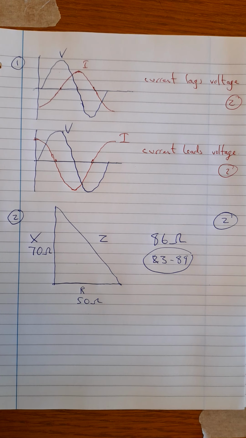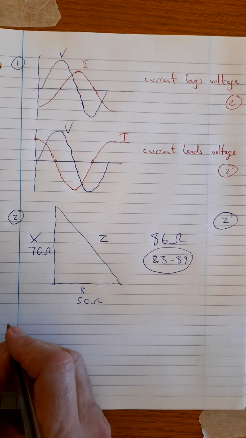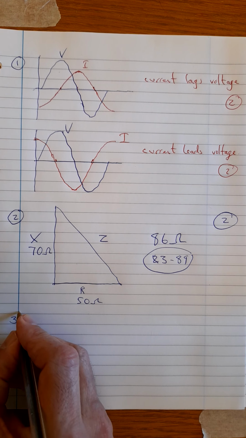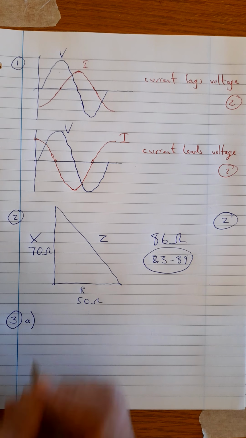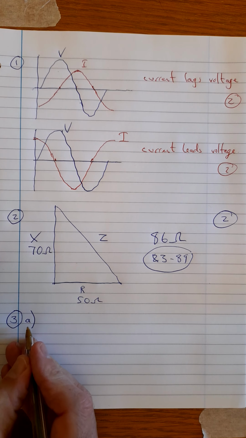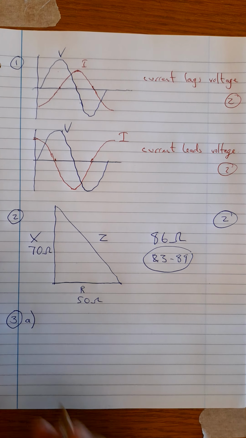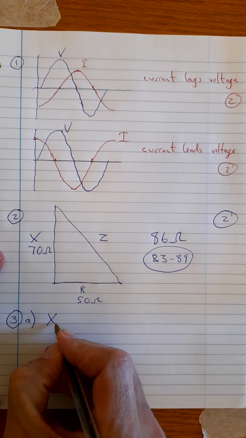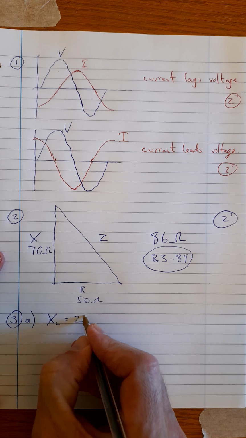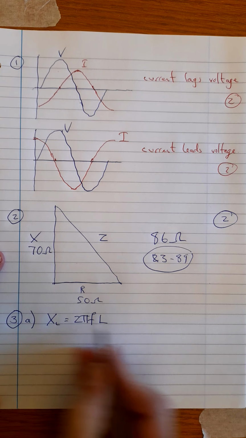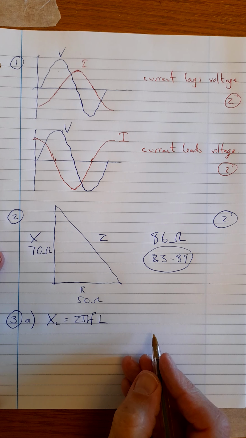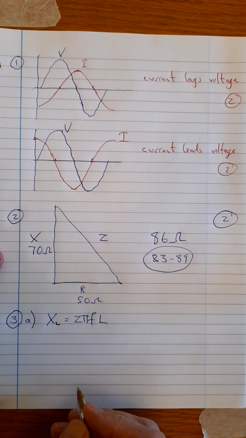Okay, so hope that bit's clear. The next question was in many parts. Tell me the part that you're answering. Part A. So question 3, part A. First bit, reactance. XL is 2 pi FL. At this stage you should know the routine. Without this formula you're going to drop a mark. And make sure you get XL if it's a coil of wire, XC if it's a capacitor.